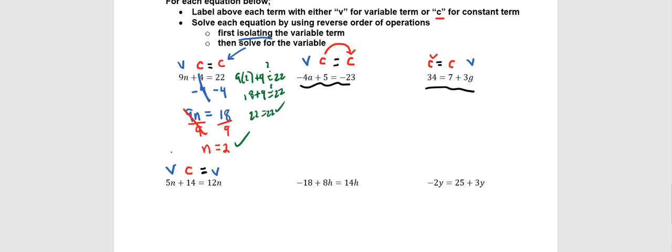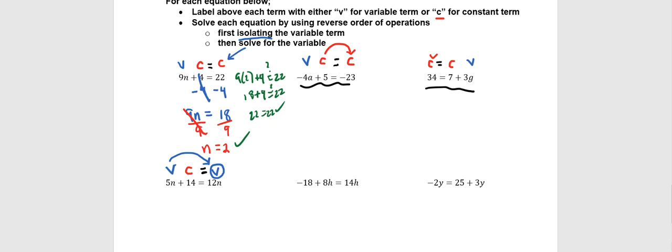Now, the reason why I ask you to use this notation is so you can clearly see what's all by itself. What's already isolated right now is that variable term. So what I want to do is to get the variable term fully isolated, which means this one over here is now going to have to go join it.